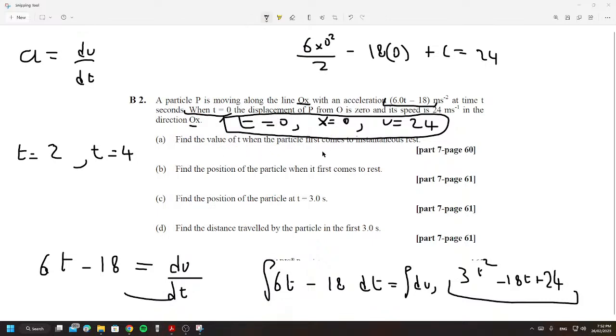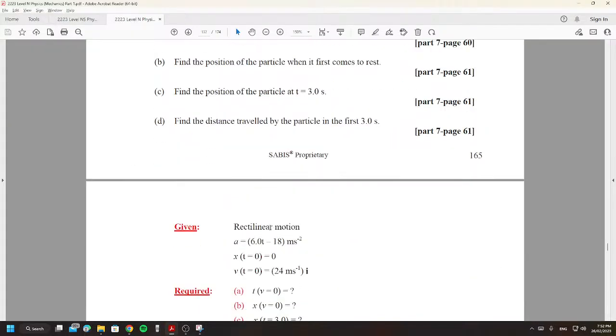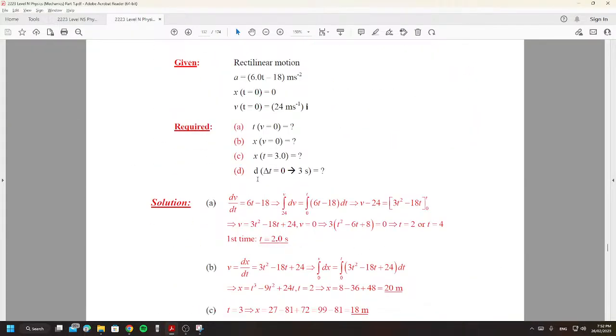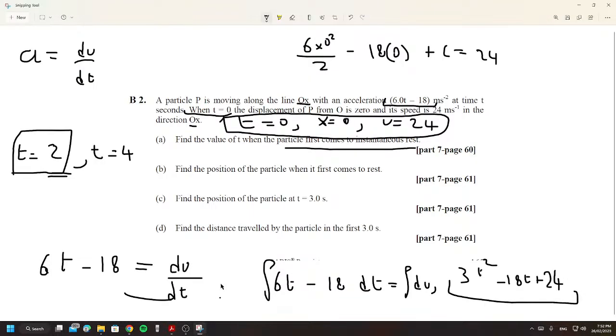They're asking for when the particle first comes to instantaneous rest, so we're talking about the first value, or the smaller of the two, which is 2 in this case. And check the answer key. It is 2. Now find the position of the particle when it first comes to rest. So I'm just going to erase all this so we have space.